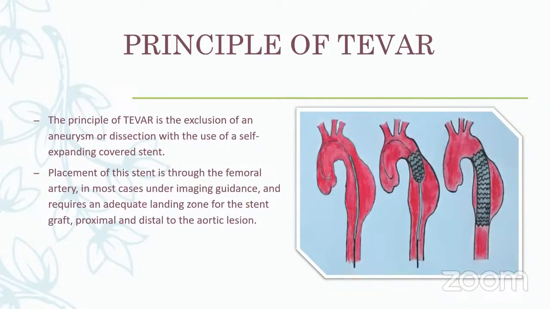The principle of TEVAR is the exclusion of the aneurysm or dissection with the use of a self-expanding covered stent. The placement of this stent is through the femoral artery in most cases under imaging guidance, and requires an adequate landing zone for the stent graft proximal and distal to the aortic lesion of at least 2 centimeters.